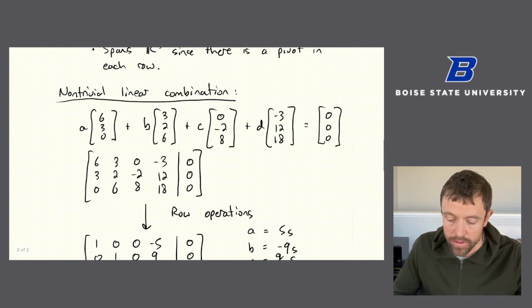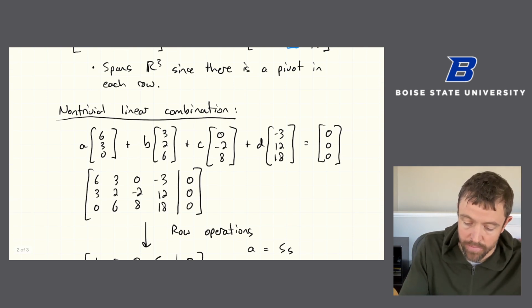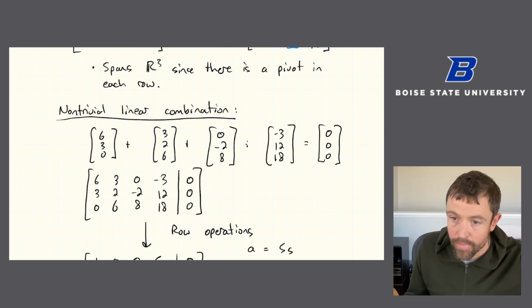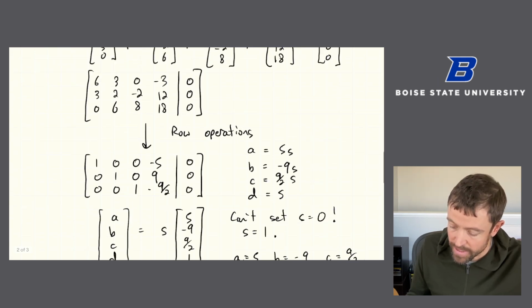Or in other words, if I go back up and write this in here, you can verify that this is true. What was my solution again? 5, minus 9, 9 halves, 1.